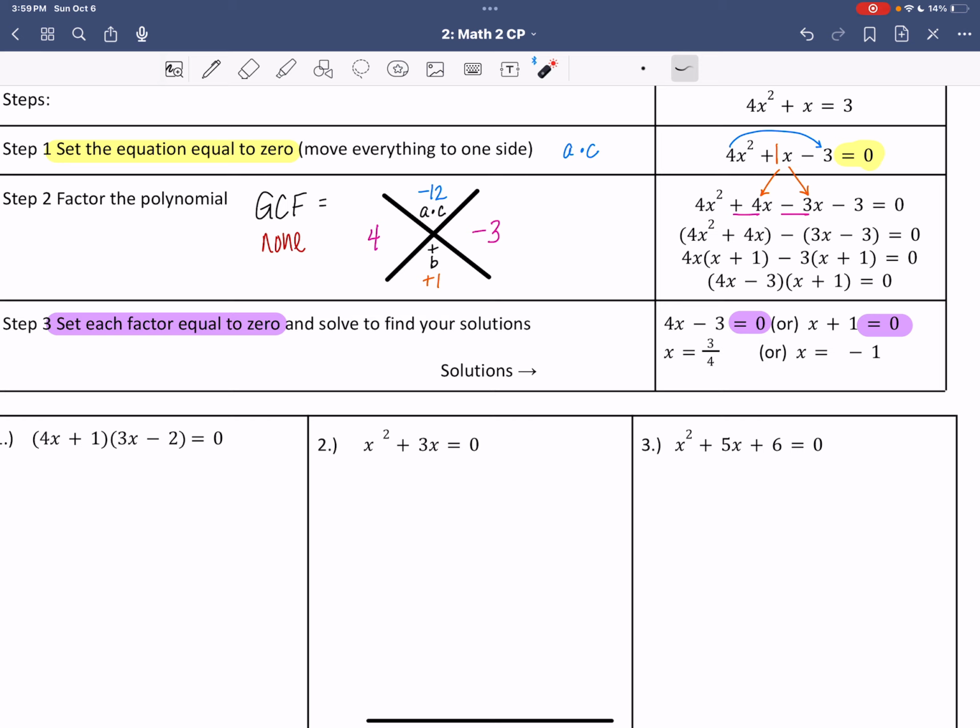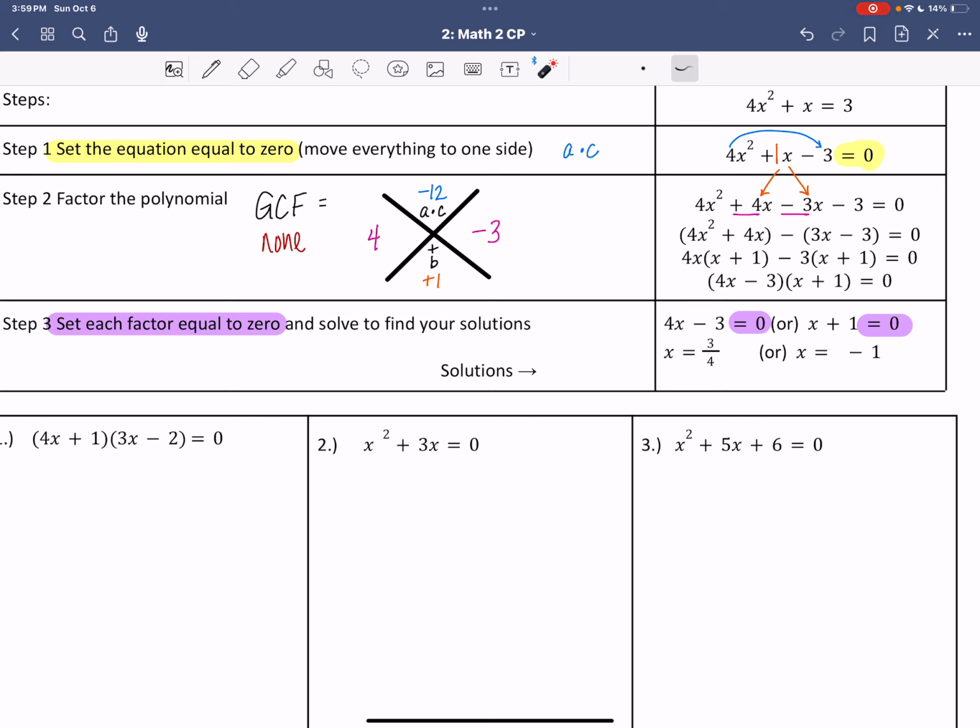So now you need two numbers that multiply to -12 and add to +1. You can do 4 and -3, which gives you a +1, and it gives you a -12.